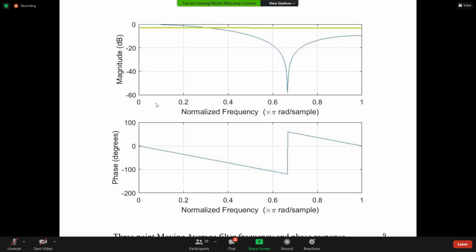But as our signal increases in frequency, it becomes attenuated till at some point it goes right down to 0. We notice that it goes back up again, but I will say a bit more about that in a minute.